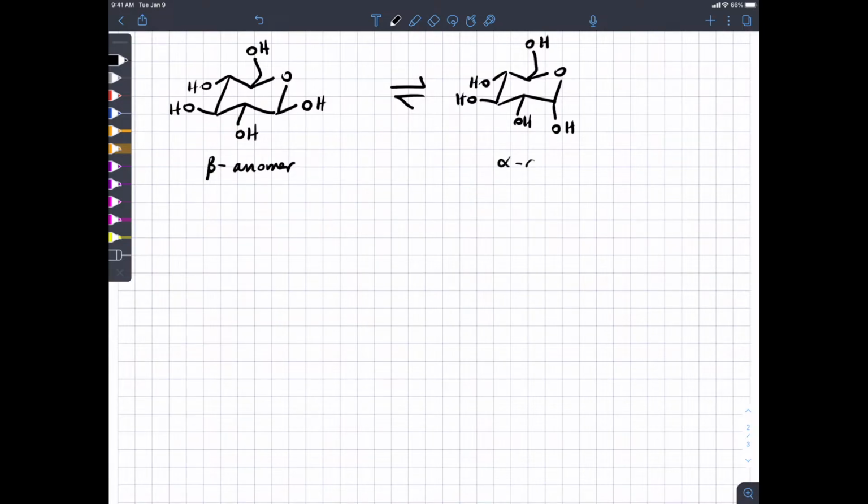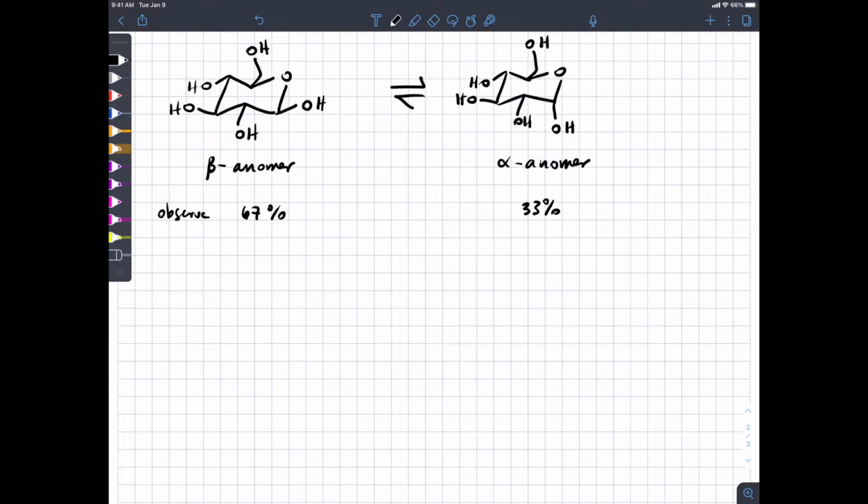Now, in aqueous solution, we observe about a 67% amount of the beta anomer versus about 33% of the alpha anomer. Now, you may first look at that and say, hey, that makes sense because I know that it's less stable for groups on a six-membered ring to be axial versus equatorial, and the reason for that is sterics, right?